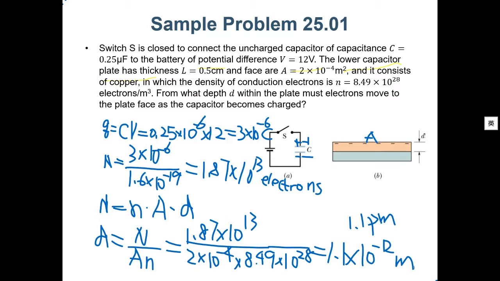Any questions? I believe this is for the bottom plate. The top plate would be a different value.